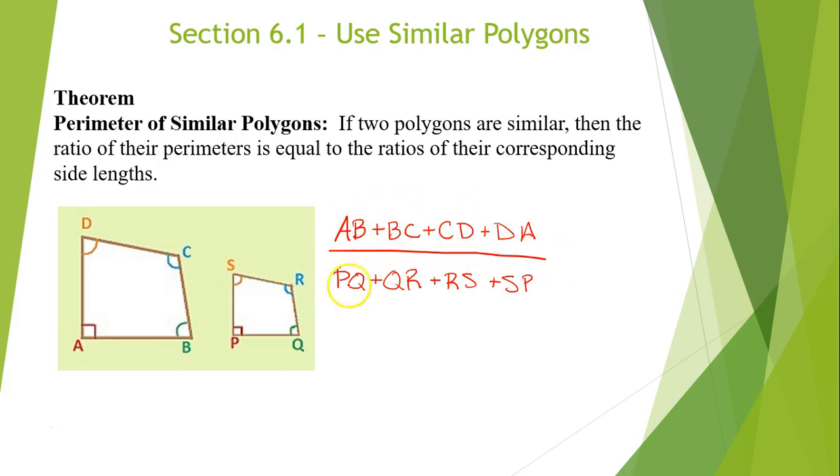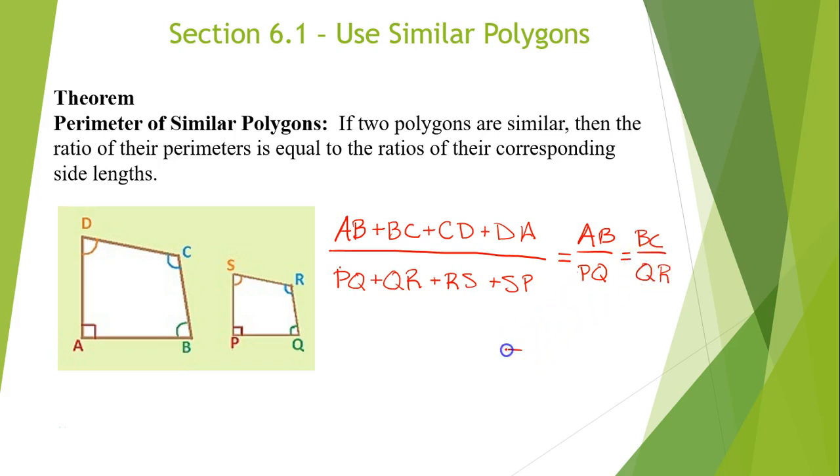This perimeter over this perimeter, if these two polygons are similar, then it should have the same ratio as their corresponding side lengths. So it should be equal to AB over PQ, which is the same ratio as BC over QR.